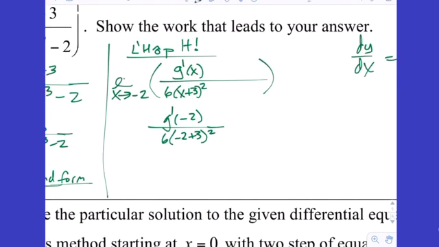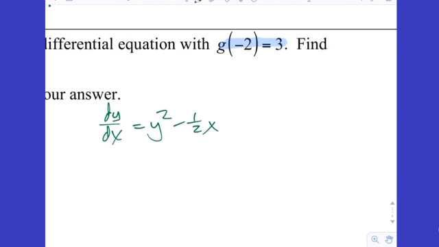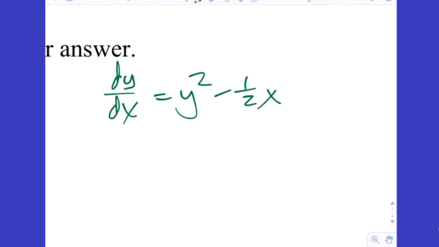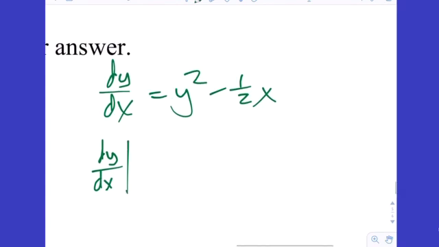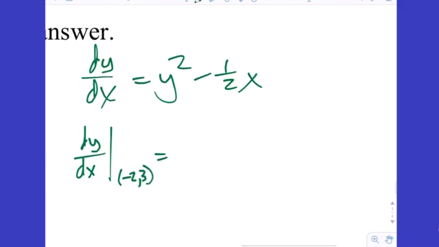So if I'm trying to find g prime at -2, I need to know the x and y value at -2 on the solution curve g. They did give it: -2, 3. So we get dy/dx evaluated at (-2, 3), and we plug in very carefully.